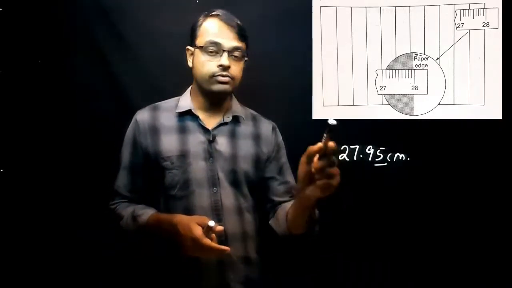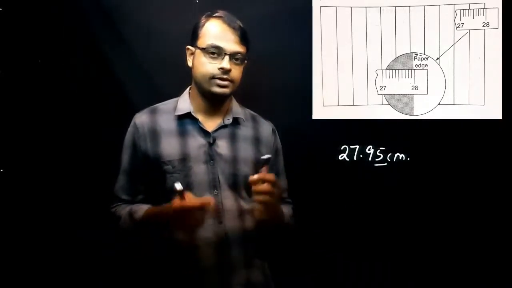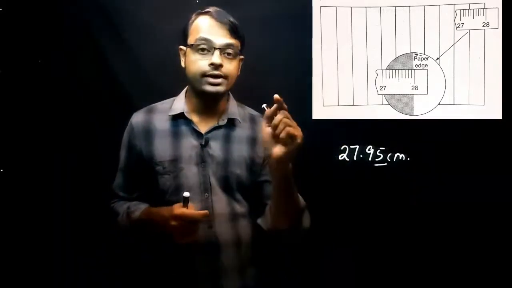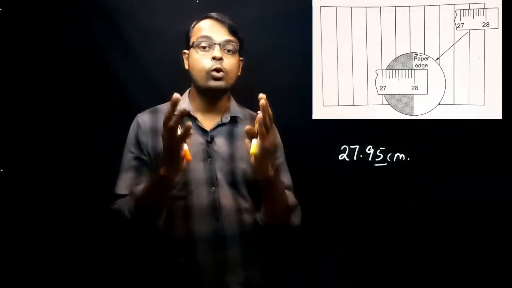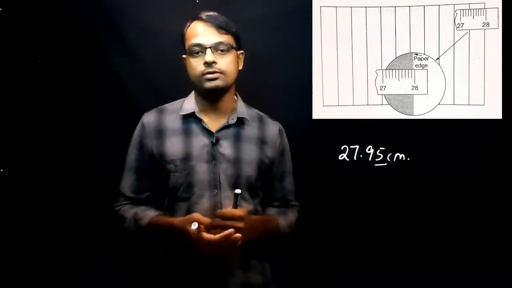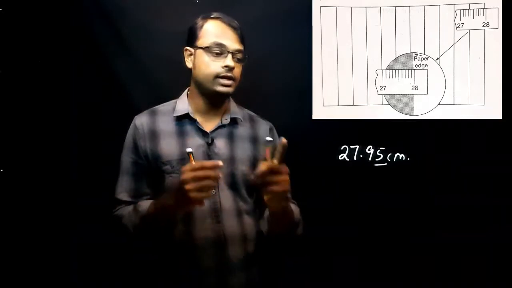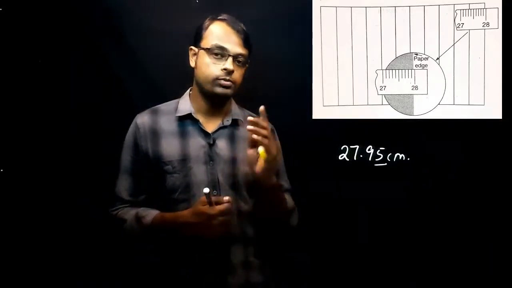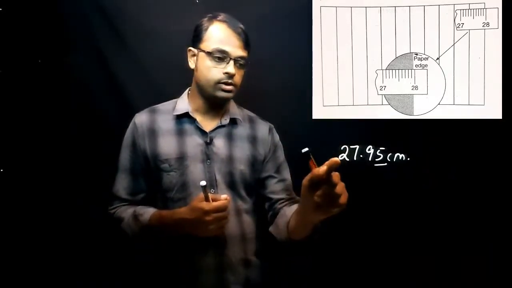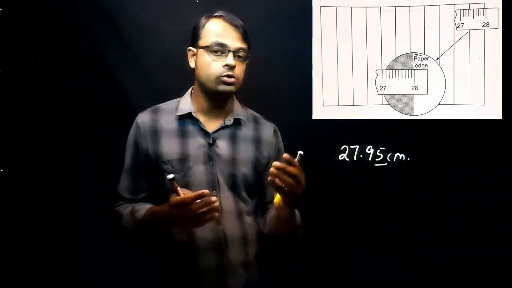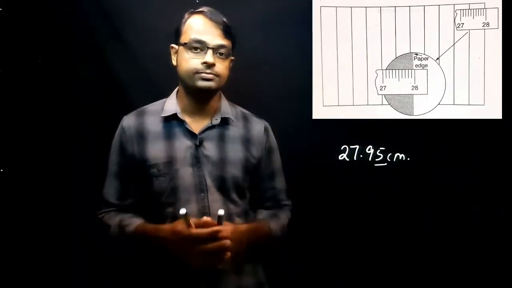Is 27.9 doubtful? No, it is not doubtful. You can say that 27.9 is the most significant figure in this number. I hope it is clear. Here in this example, 27.9 is the most significant and digit 5 is called the least significant figure.